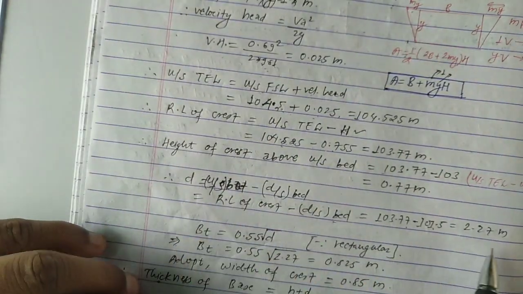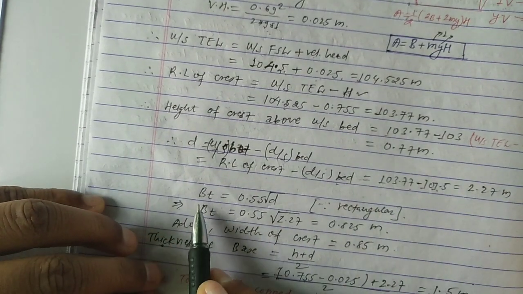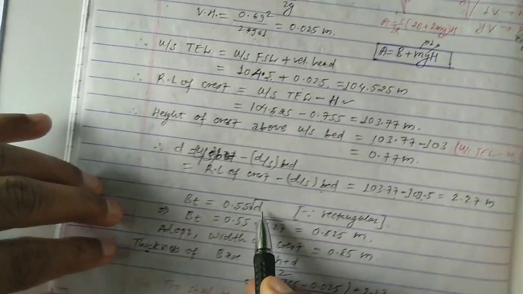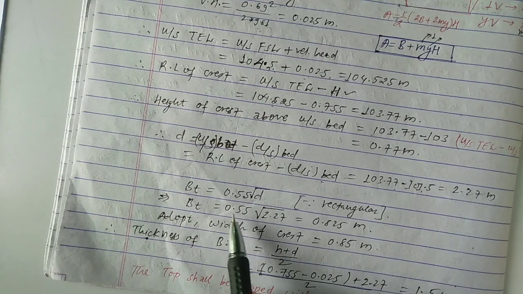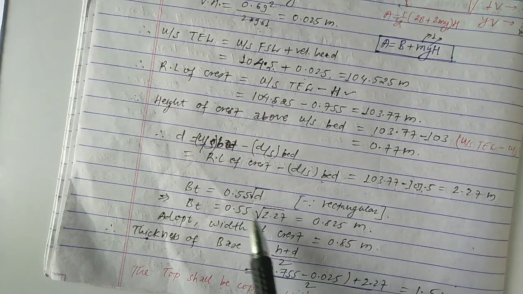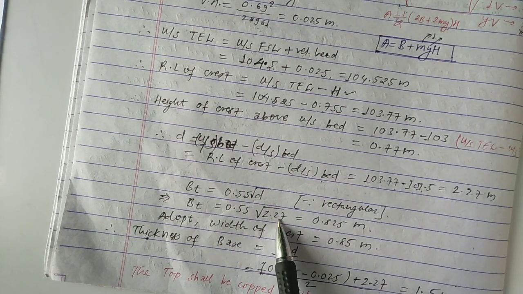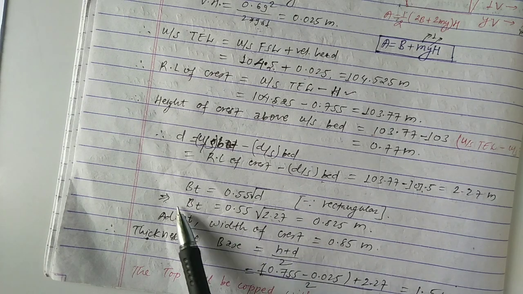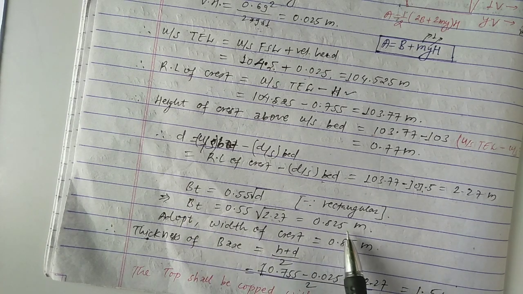Then the value of D becomes 2.27 meter, and we know the value of BT equals 0.55 root D. So we keep this value D equal to 2.27 over here, and simply we can calculate the value of BT equals 0.825.